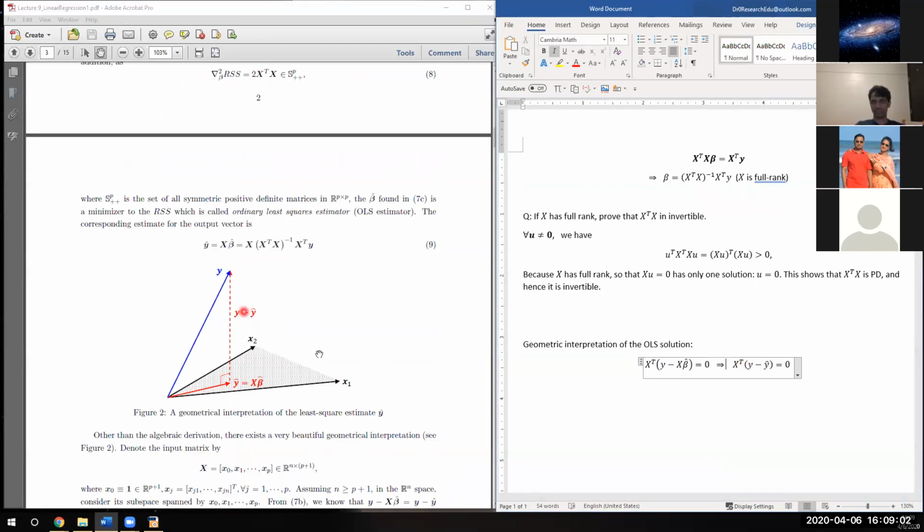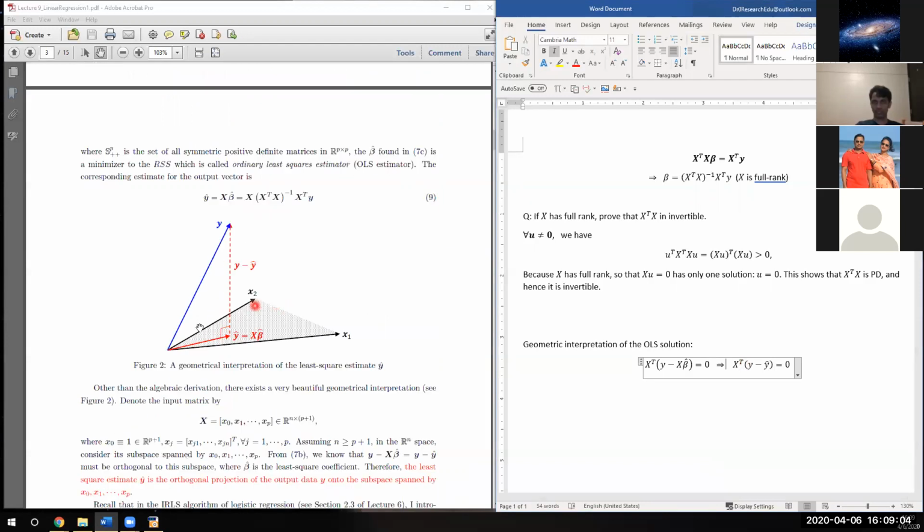Have a look at this figure. Suppose here I have only two axes, x1 and x2. So x1 and x2 span a plane. The plane is this part. And now this is your y, and your y star equals X times beta.